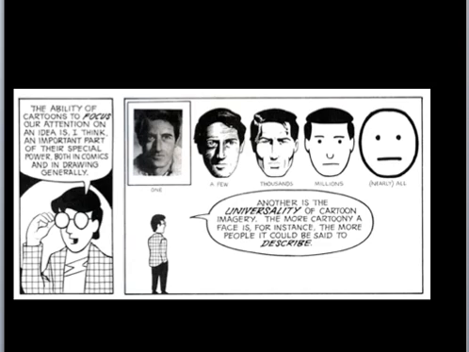Another is the universality of the cartoon imagery. The more cartoony a face is, for instance, the more people it could be said to describe. So as you can see, he starts out with a picture and it gets more abstract and simplified until you get something like a stick figure head.